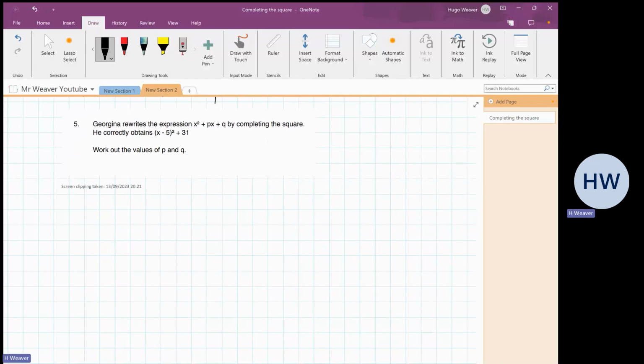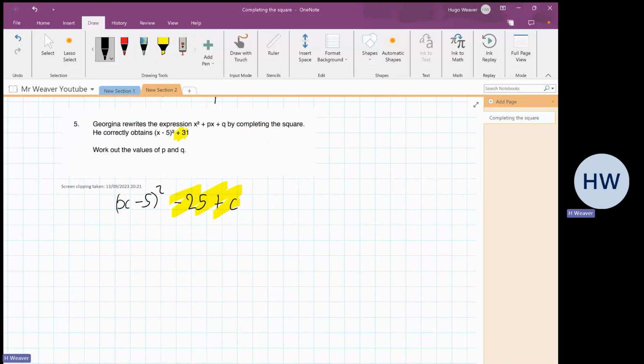So to go the other way, we need to recognize that Georgina would have got, when they completed the square, (x − 5)². Now, 5 squared gets us 25, and it's obviously going to be minus 25 plus something, and this bit must equal positive 31.